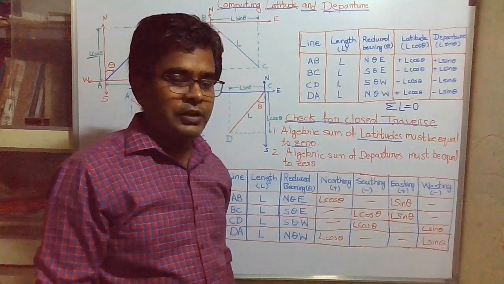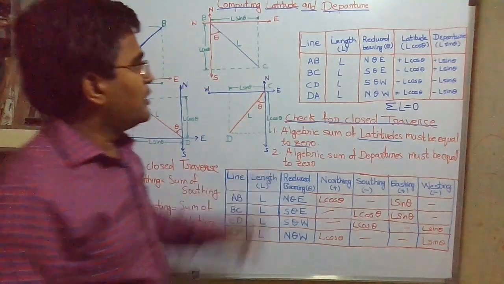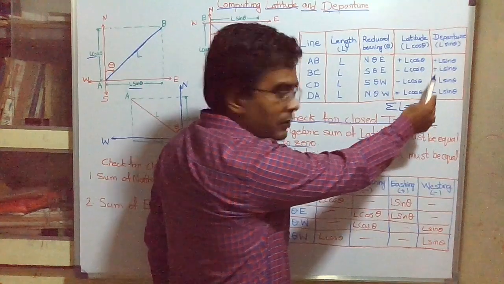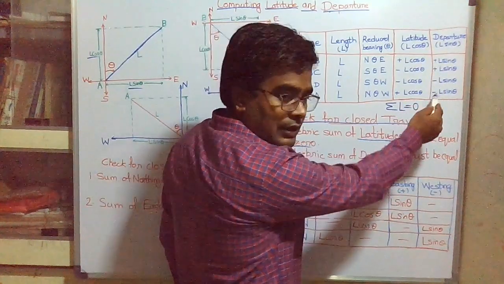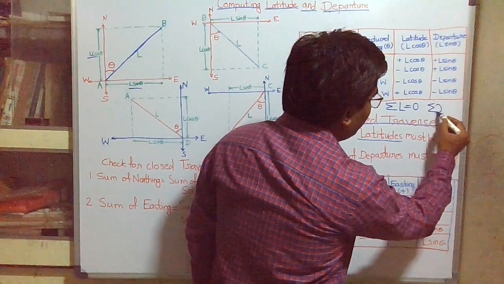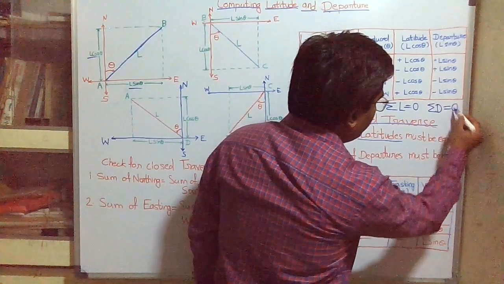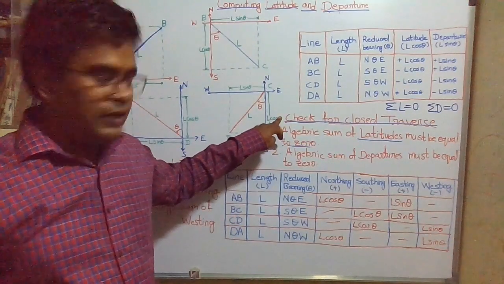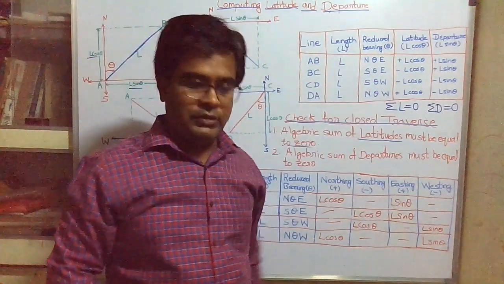Another check is that the algebraic sum of all the departures, plus L sin theta and minus L sin theta, must be equal to 0. These are the two checks for a closed traverse in terms of latitude and departure.